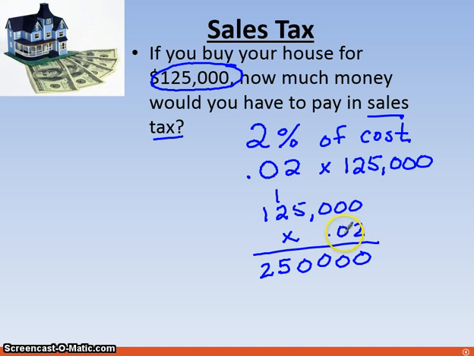Again, we do not need to multiply the 0 because anything times 0 is 0. But we do need 2 place values, so we get $2,500. And if I were to restate my answer, I would say I would have to pay $2,500 in sales tax if I was going to buy this house.